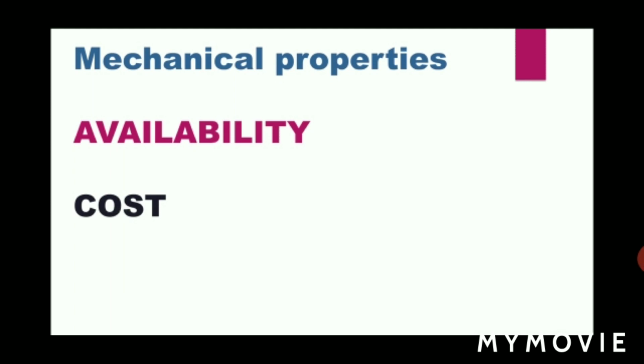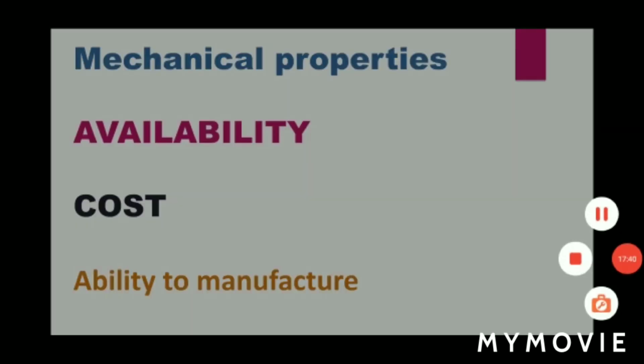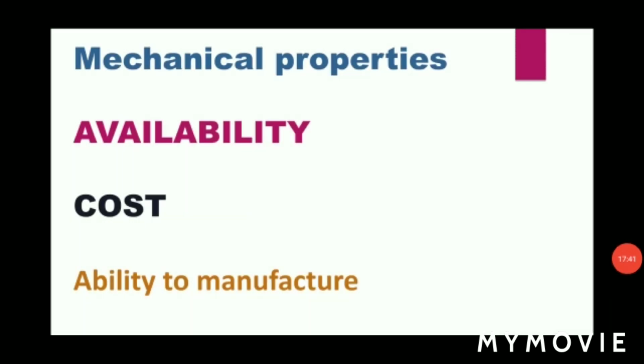cost. Here cost is very very important. Cost plays a very important role here. Why does cost play a very important role? The selected material you are having is to be readily available.